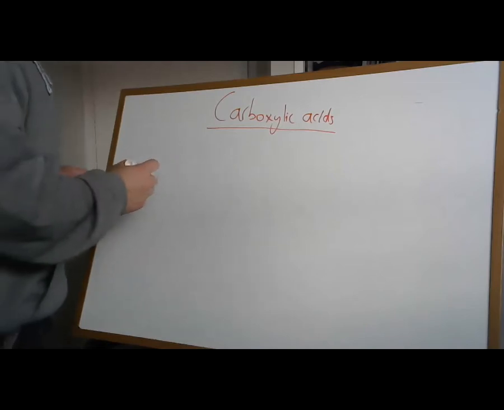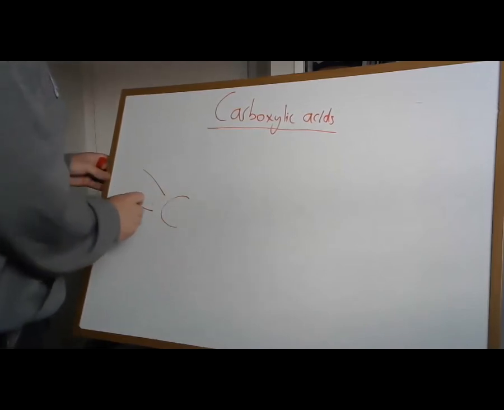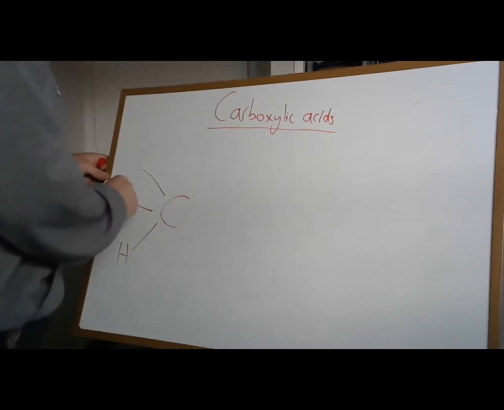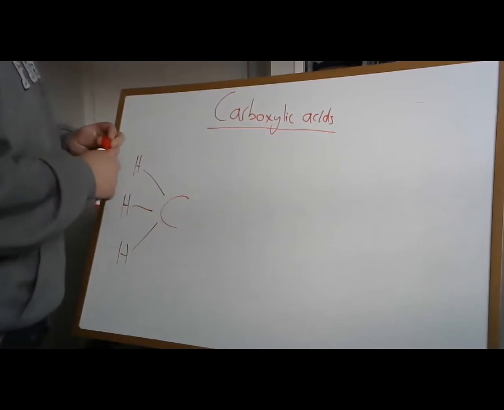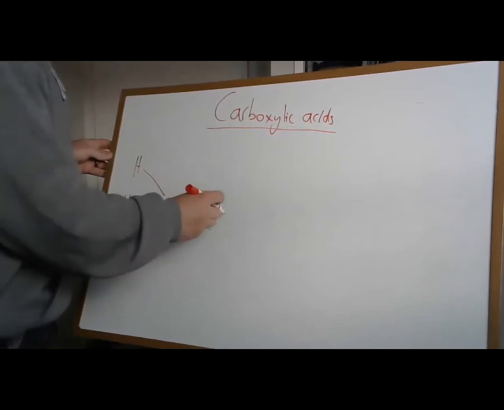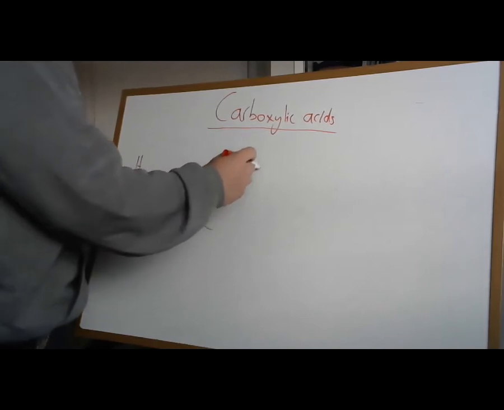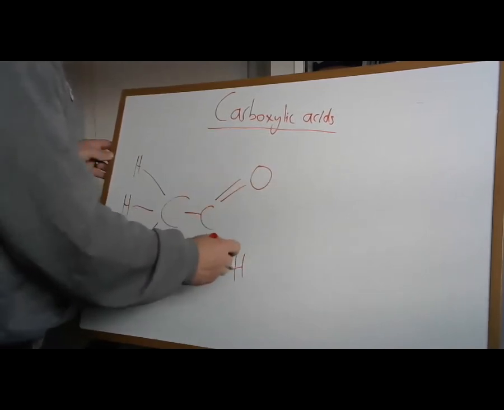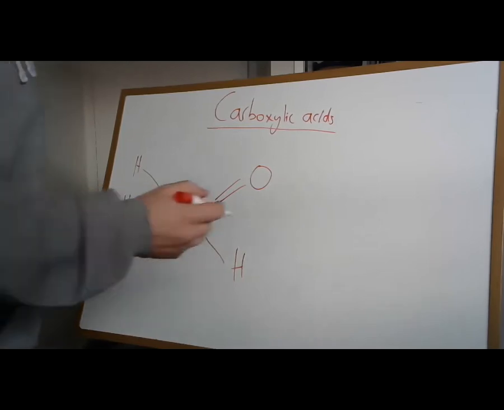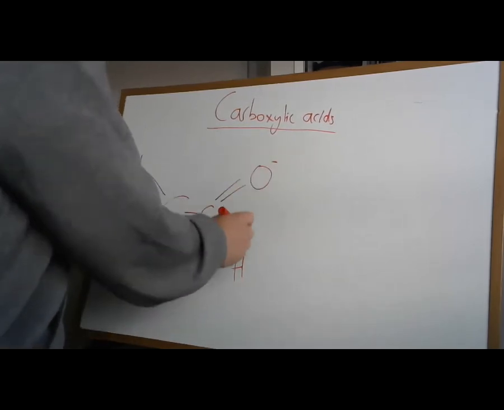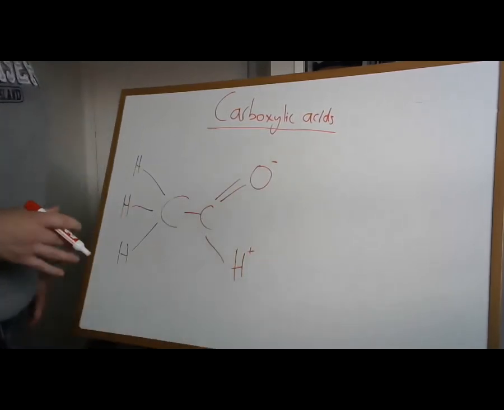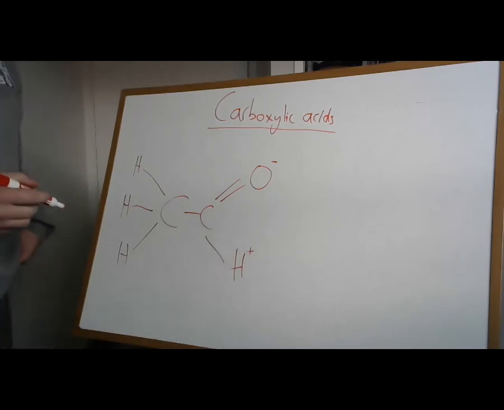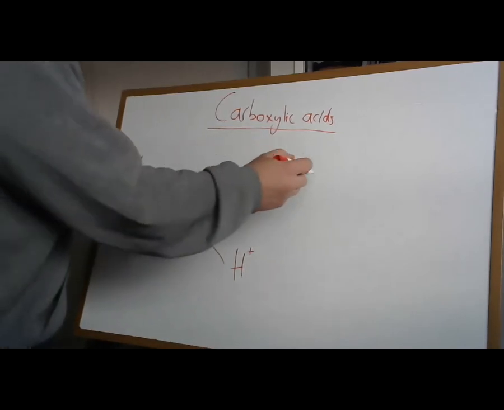So if we look at carboxylic acid, it has two sites where it can create hydrogen bonds with the water.